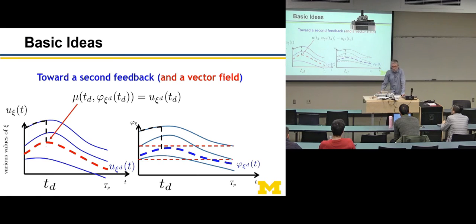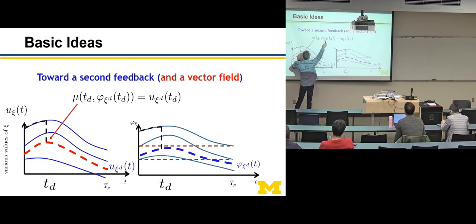Well, here's the magic formula, okay? It's an interpolation condition. The controller that I apply at this time T_D at this point in my state space is equal to the control signal that corresponds to here, okay? Now, this is written down. I don't know this because I'm here.